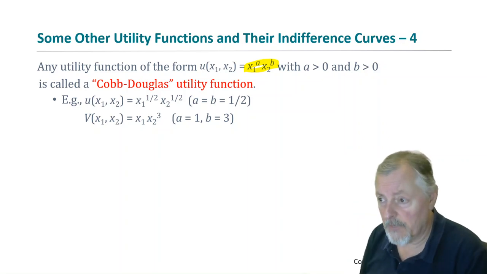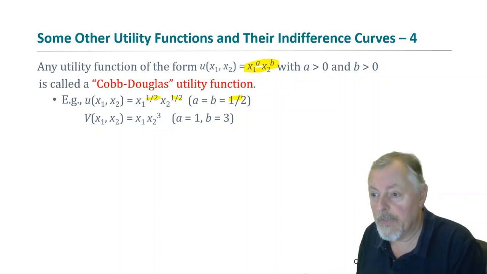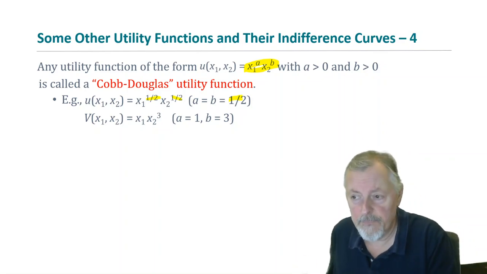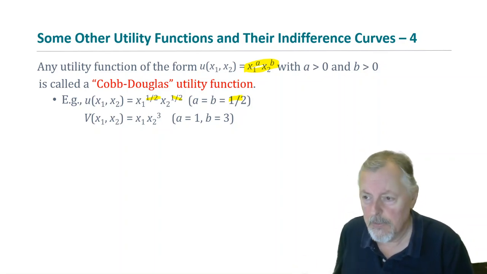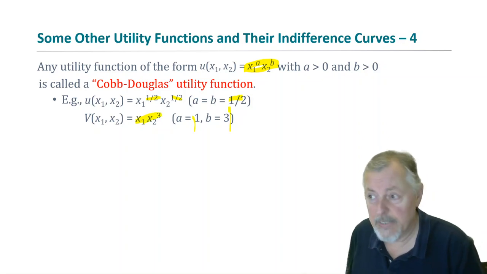Here are some examples of it. If the exponents, which we call a and b, are both 1/2, then you'd have x1 to the 1/2, x2 to the 1/2. A could be 1, B could be 3, and you would get that.